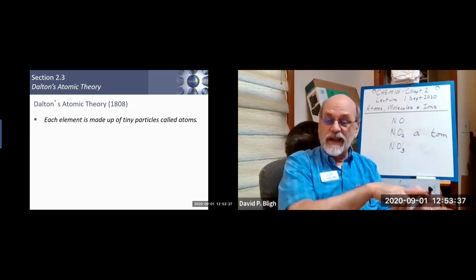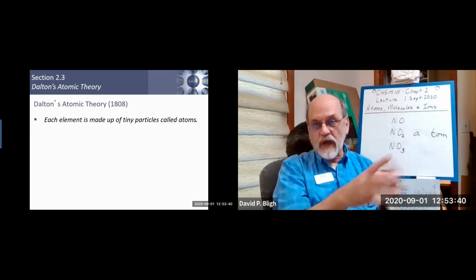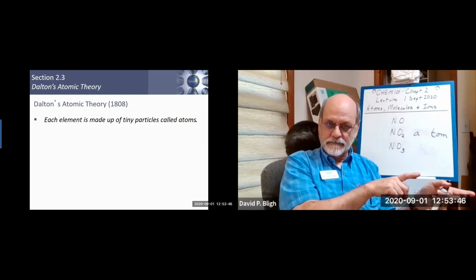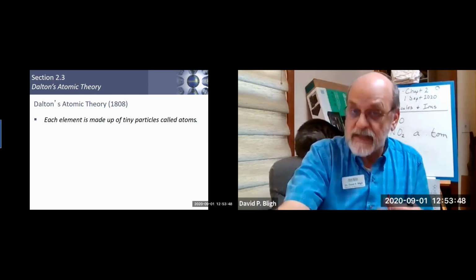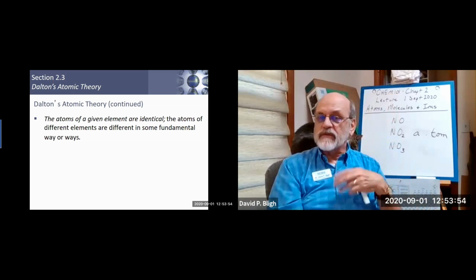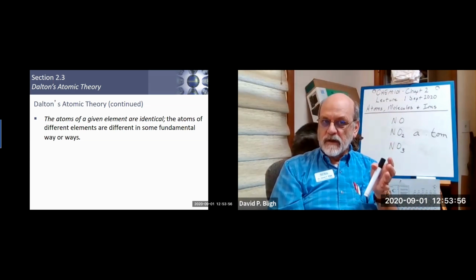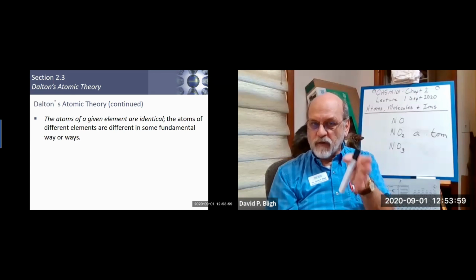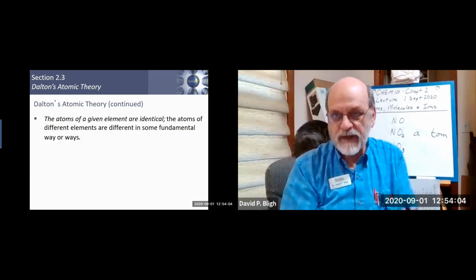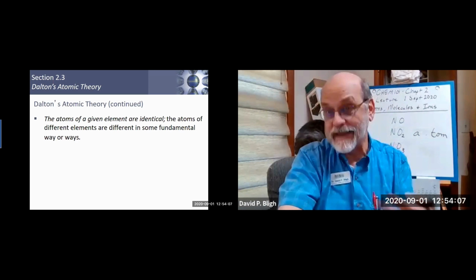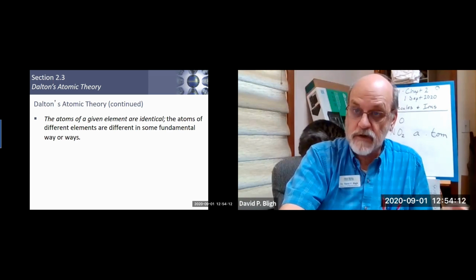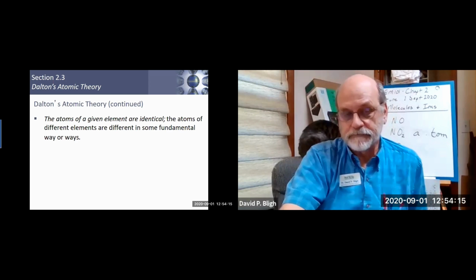But if you change to a different element, like we changed from hydrogen to oxygen, the atoms of oxygen are different than the atoms of hydrogen. Okay? So each element is made up of tiny particles called atoms. That's true. But the atoms of a given element are identical, and the atoms of one element are different than the atoms of another element in some fundamental way. He wasn't proposing why yet. It would take researchers a century or so to figure that out.